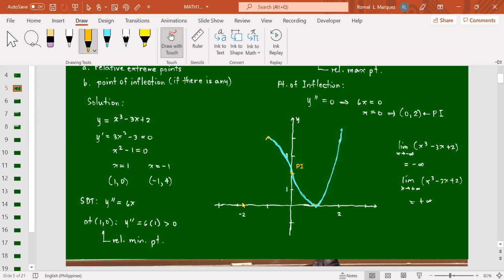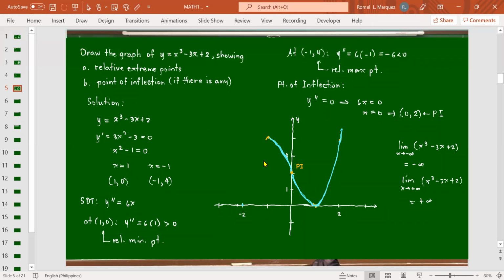Oh, it is negative 2 indeed. So it passes through here. Okay, good. But if it's not manageable to get, do not get it anymore. Just approximate that it will pass through that point somewhere. Okay, guys? So that's how it looks.